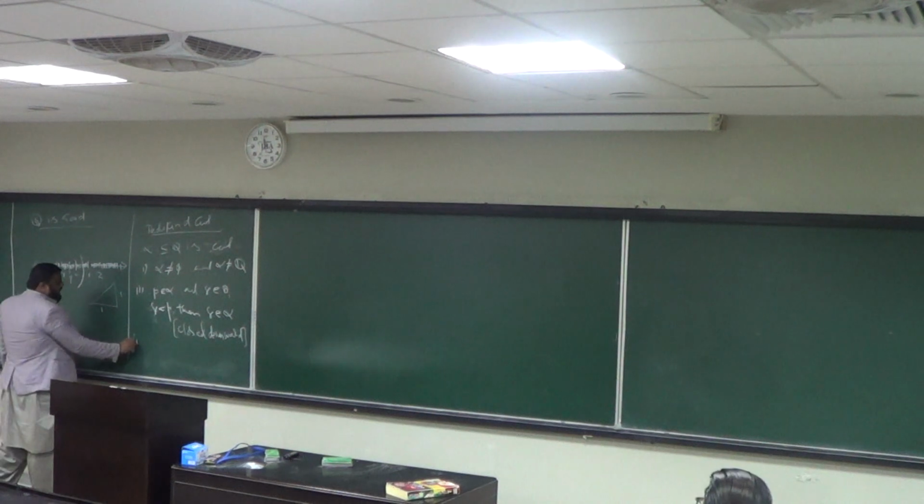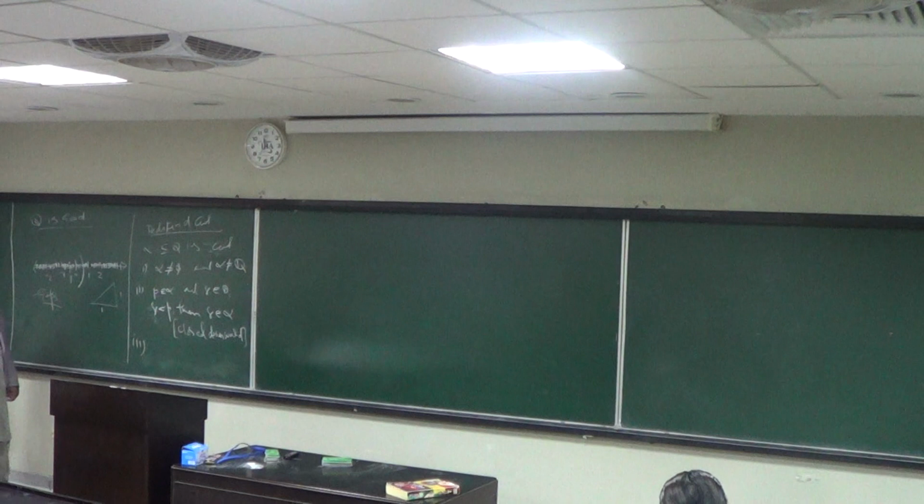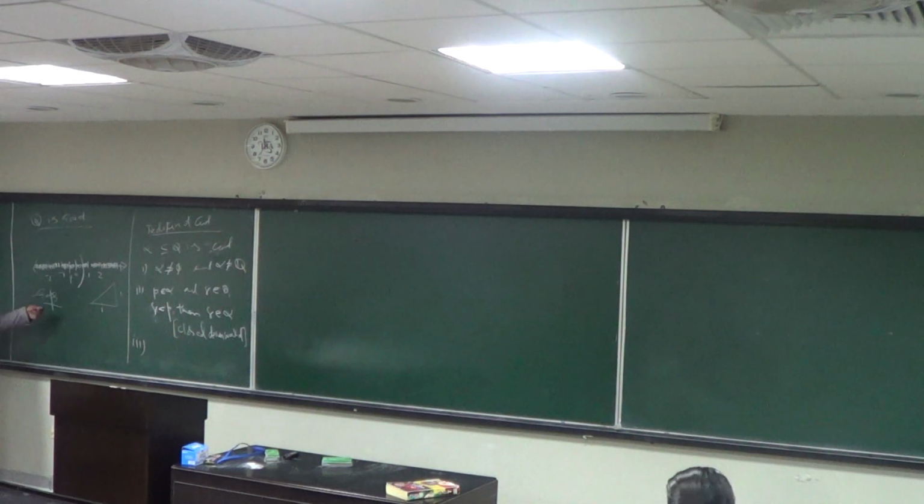And what was the third thing that it must have? Yes, there is no greatest element here. In other words, if you give me a p in alpha, there will always be a rational number q which is going to be bigger than this p.